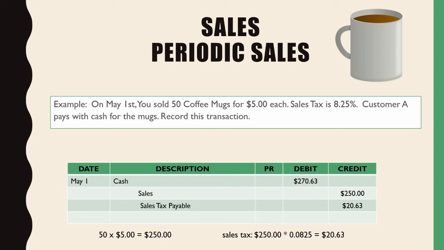Now, rule about tax: tax will always round up. So I believe in this one it's 6 to 5, so you're going to round that up to 63 cents. And once again, you'll be receiving a grand total amount of $270.63. So that's exactly correct.